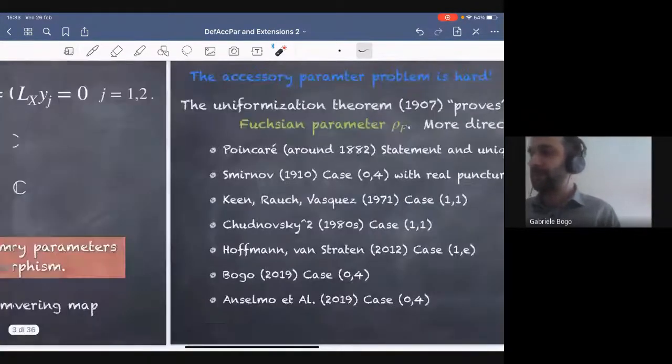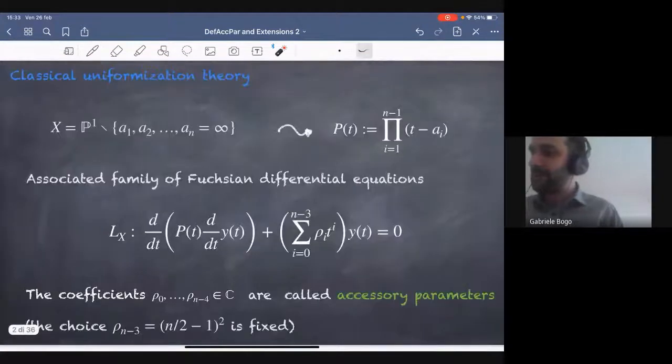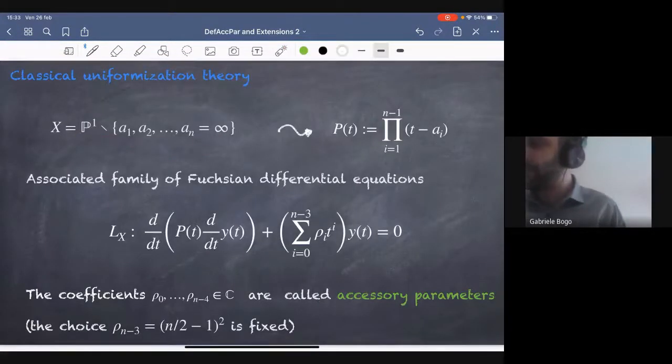It's very subtle. You start with a sphere with punctures, but now you suppose that every a_i is a rational number, or maybe an algebraic number. Then this gives you a set of accessory parameters giving the uniformization.